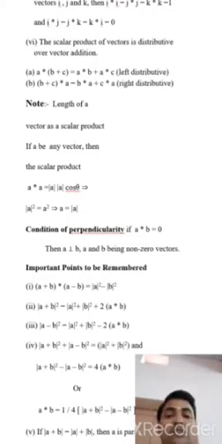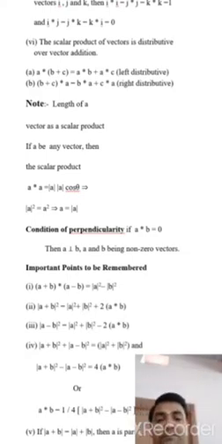It means magnitude of A squared equals A squared. Here the angle between the two vectors with the same position is 0, and we know that the value of cos 0 is 1. So magnitude of A squared equals A squared. This implies A equals magnitude of A.